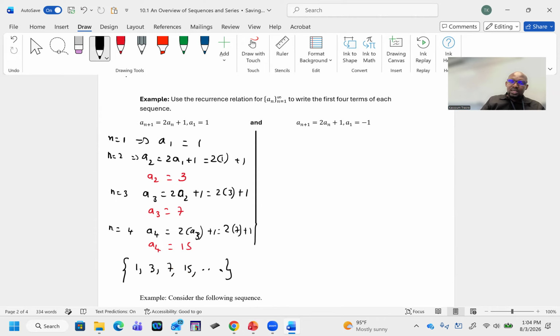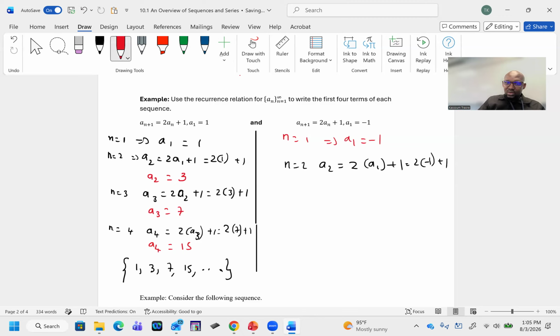We are going to do the same thing with the second one. You can see when n is equal to 1, A1 is given to us as -1. But A2 will be equal to what? 2 times A1 plus 1, which will be 2 times -1 plus 1, which is -1.